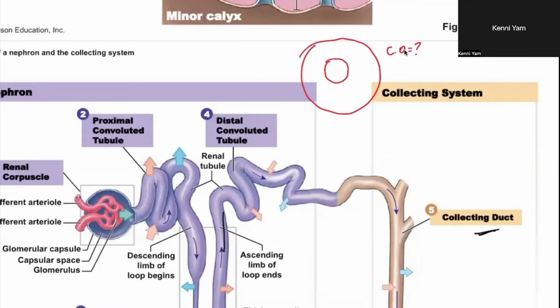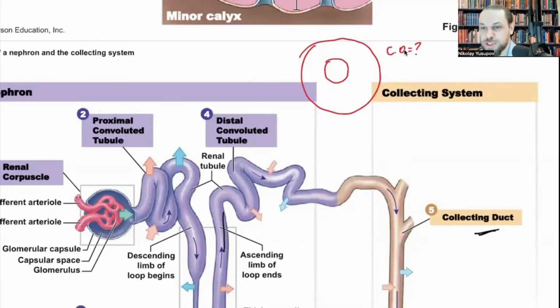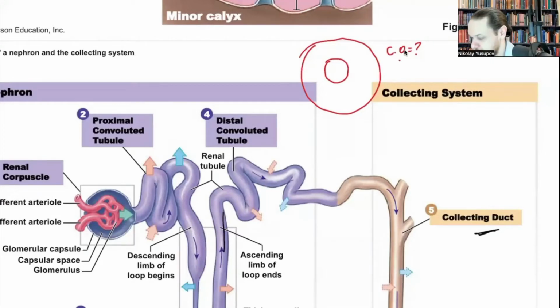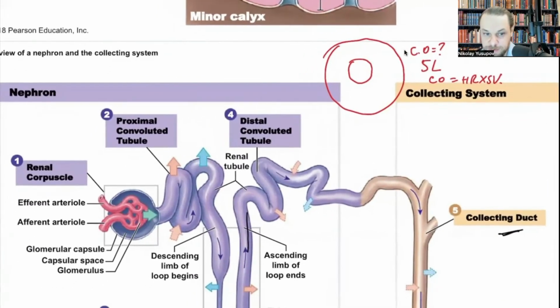In liters, how many liters? Total cardiac output. So let's say I'm sitting right now. What's my cardiac output in liters? 6 liters. Yeah, 5 to 6 liters. Very good. So let's just say approximately 5 liters. That's my cardiac output. And you guys remember, your cardiac output is heart rate times stroke volume. So far, everybody's with me, right?